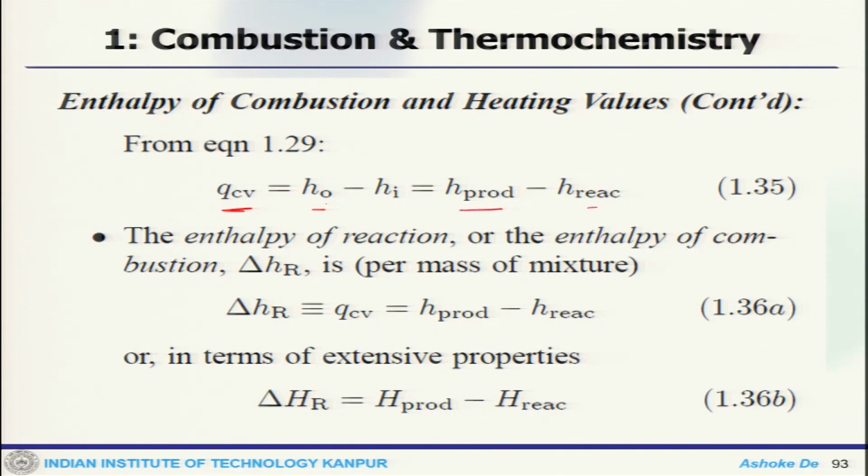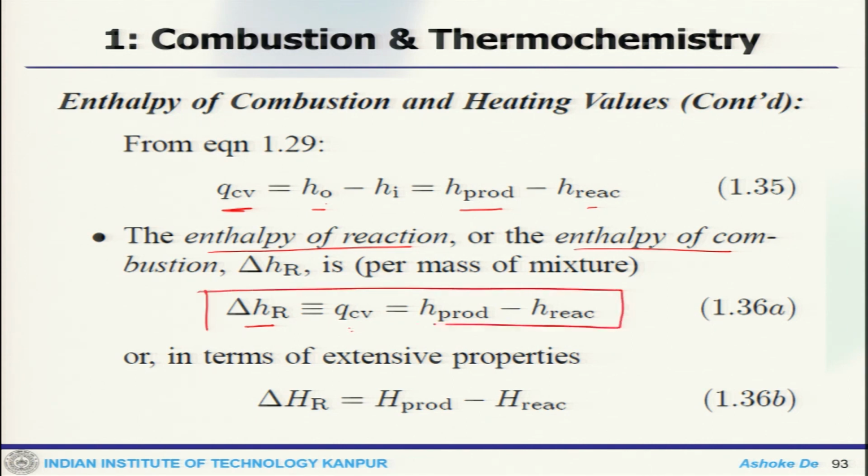Now, the enthalpy of reaction or enthalpy of combustion, per mass of mixture, one can say delta HR, the enthalpy of reaction, is equal to the amount of heat taken out of that particular control volume. That would be the difference of the enthalpy at the product state and the enthalpy at the reactant state.